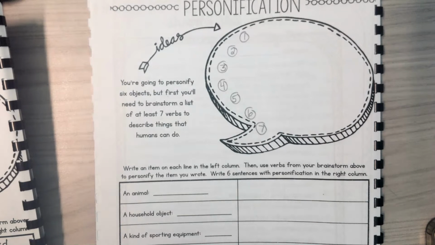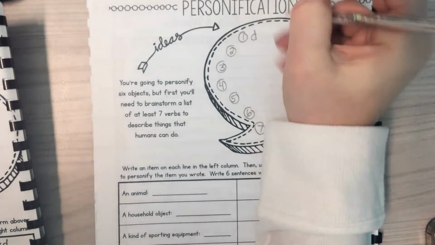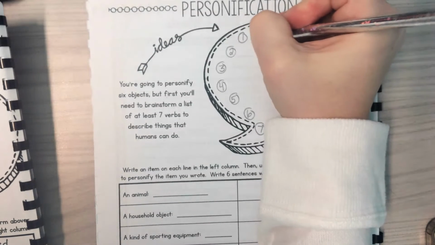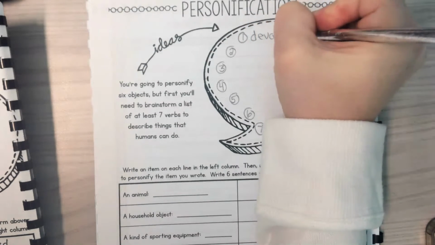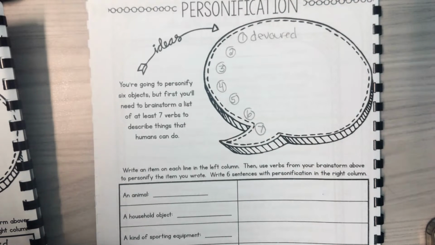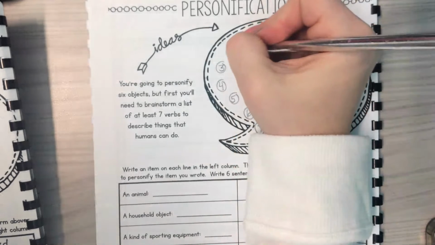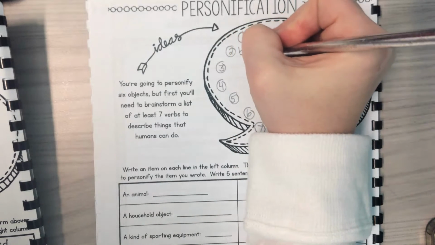I'll come up with a few with you. Trying to think of some fun ones. Maybe devoured. Maybe I was so hungry that I devoured my meal. Devoured. Or maybe I was bamboozled. That's a fun word, right?